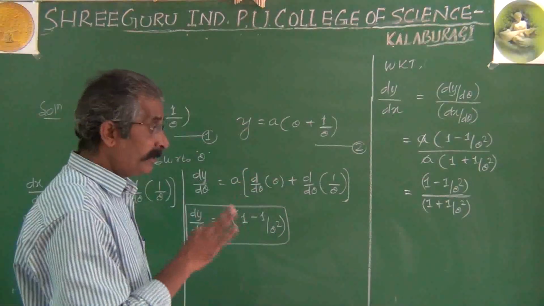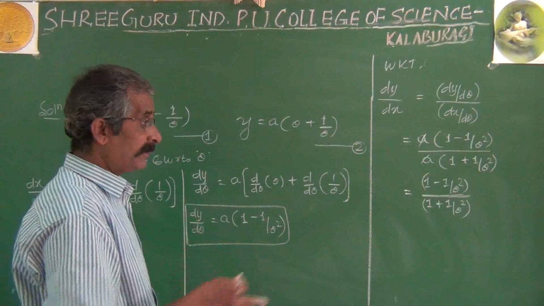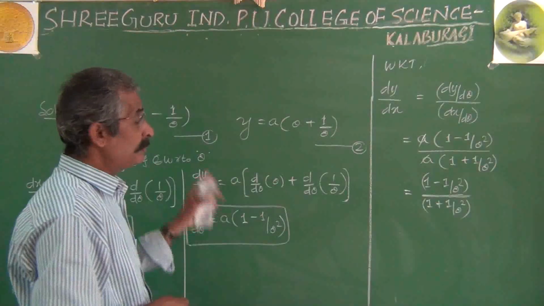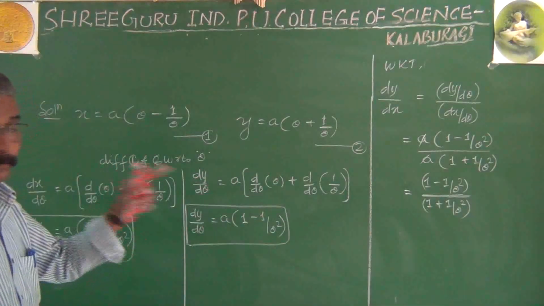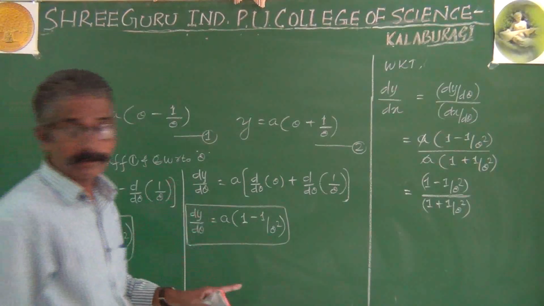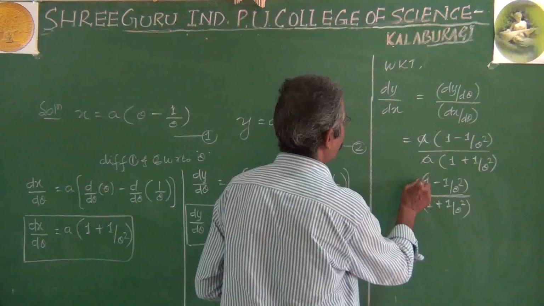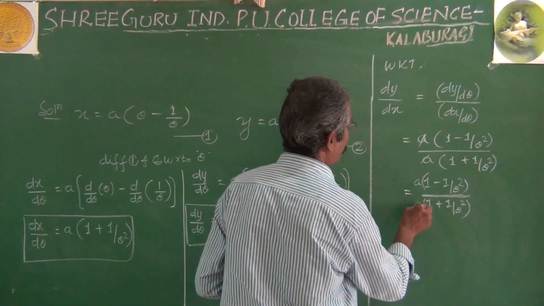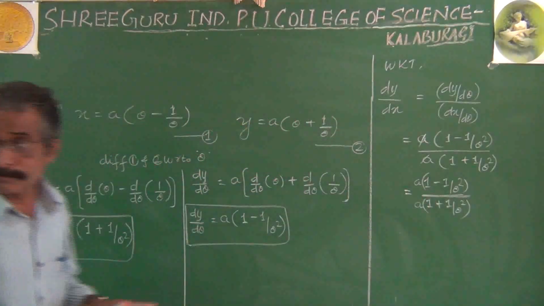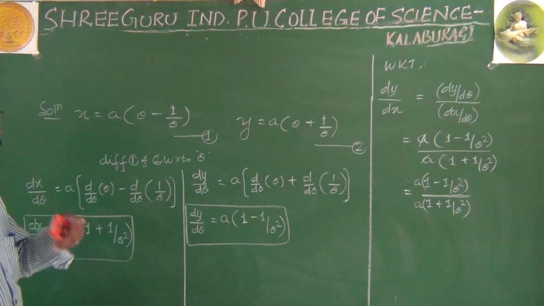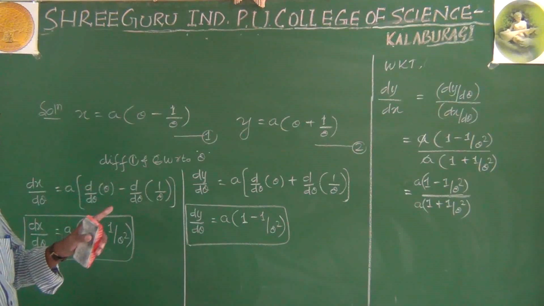So if that were given, then I am telling you, otherwise you can stop here. If you are asked to prove that dy by dx equals x by y, then don't cancel a, try to retain a as it is. Only when it is given to prove that dy by dx equals x by y.